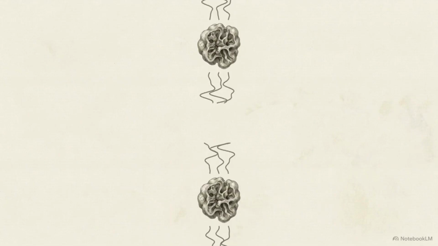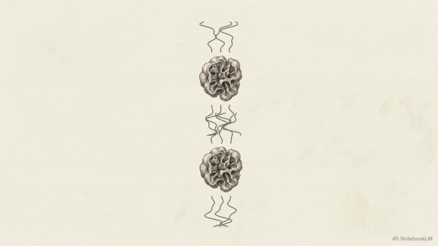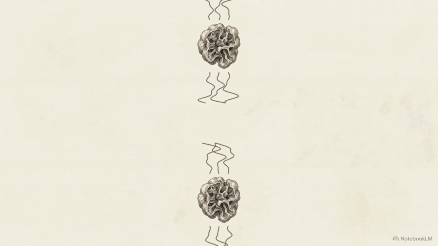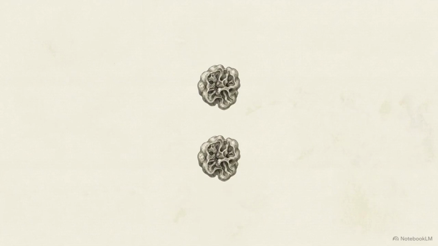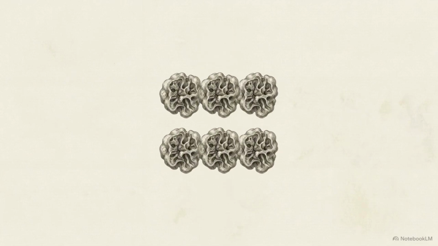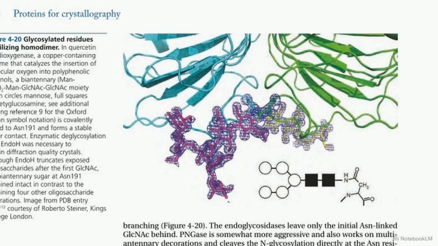Even a successfully manufactured protein will often refuse to crystallize. Molecules frequently contain floppy, disordered ends that prevent them from locking into a neat grid. Through limited proteolysis, researchers use chemical scissors to strictly snip away flexible tails, leaving behind a rigid, stackable brick. Another major physical barrier is glycosylation.